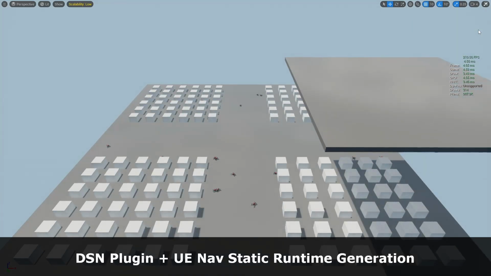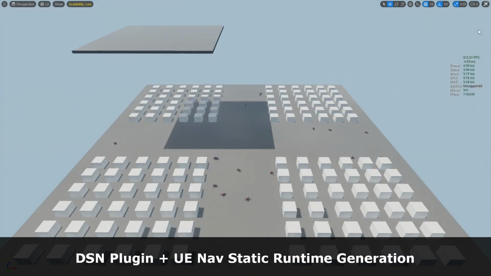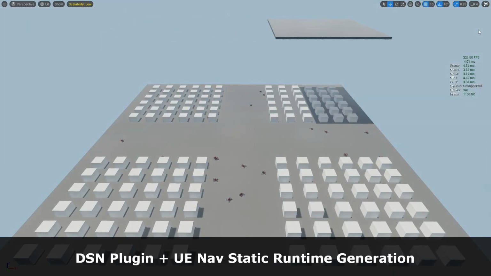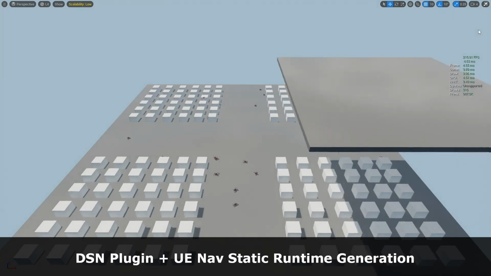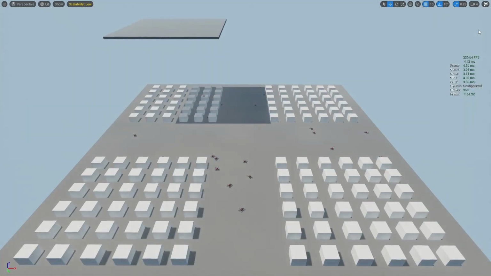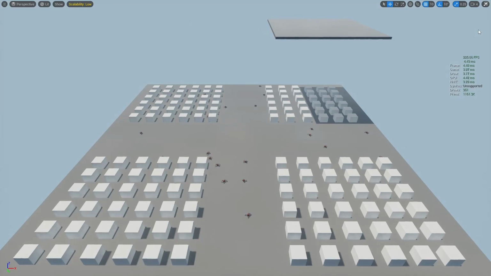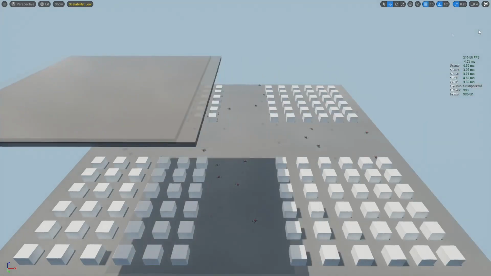So typically ranging from just under 210 to around 220. Let's move on to the fourth and final test run.